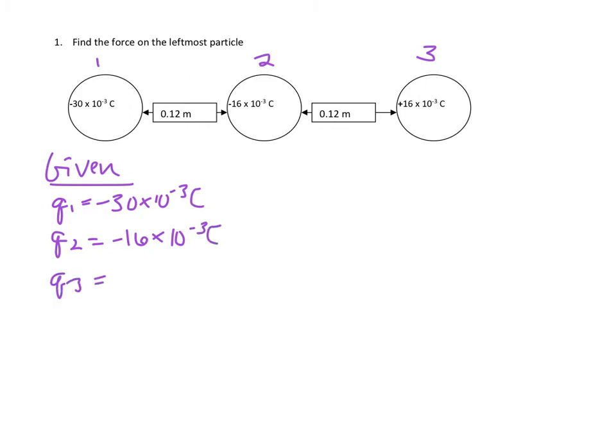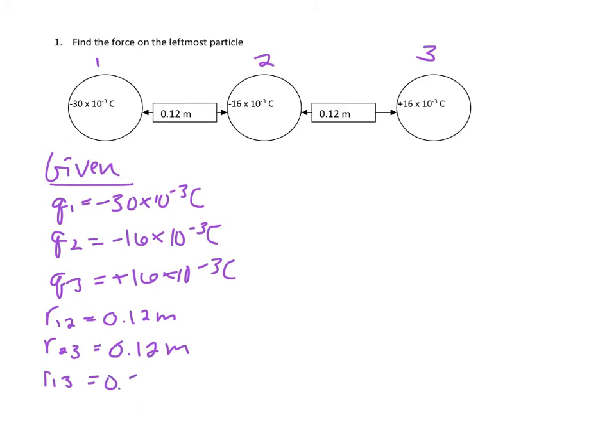And Q3 equals a positive 16 times 10 to the negative 3 coulombs. The distance between 1 and 2, I'll call that R12, is 0.12 meters. The distance between 2 and 3 is also 0.12 meters. And the distance between 1 and 3 would be 0.24 meters.